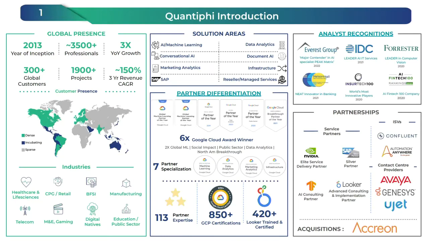And then we extended our portfolio to cover more and more solutions, including conversational AI, doc AI, marketing analytics, and more recently gotten into, over the last 18 months, into SAP and managed services as well. On the rightmost side, you will also see some of the analysts and industry recognition that Quantiphi has garnered over the last few years of existence.